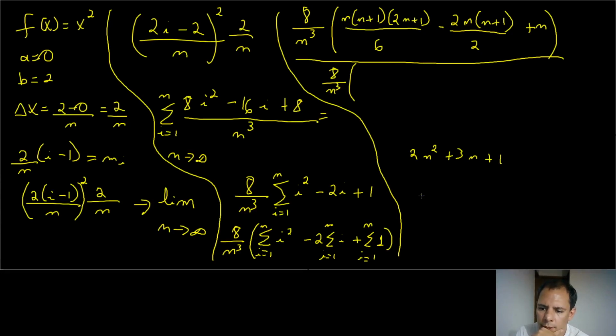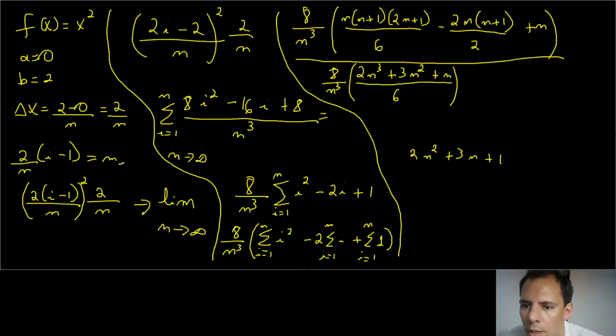But since I'm multiplying it by n, this thing here is going to be 2n cubed plus 3n squared plus n divided by 6. Because I'm multiplying by this n, right? So I want to make sure that I'm not making any mistakes here. It's going to be 2n cubed plus 3n squared plus n.